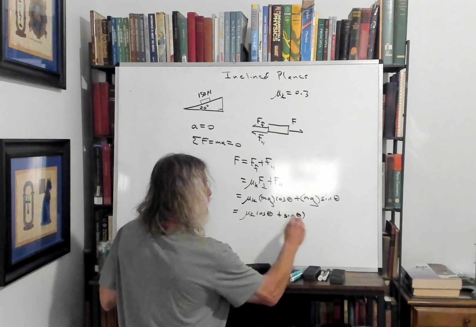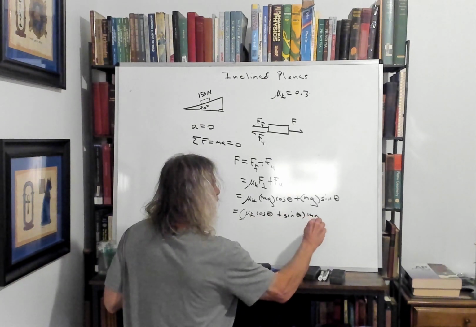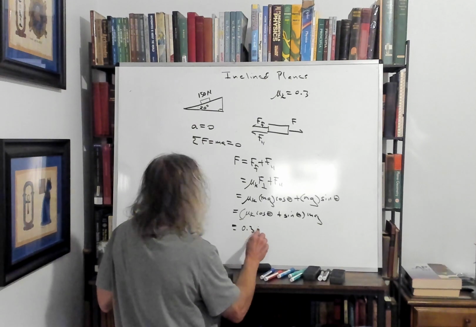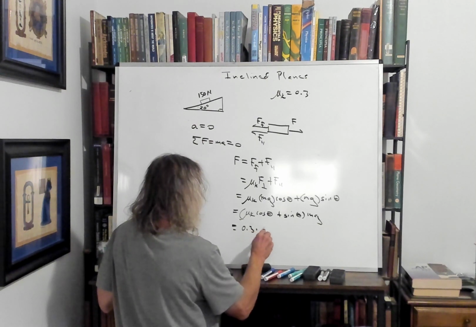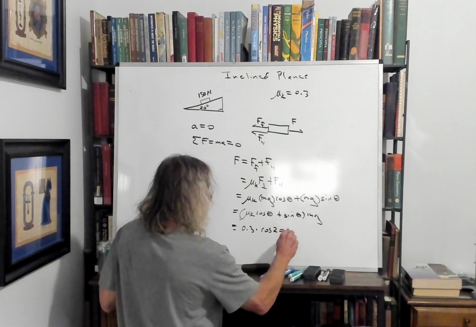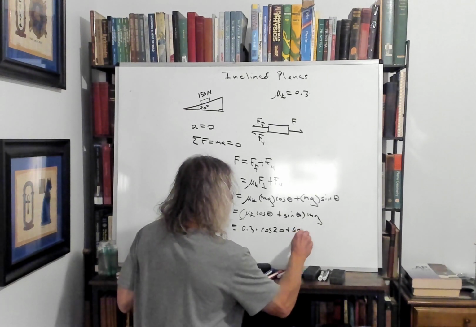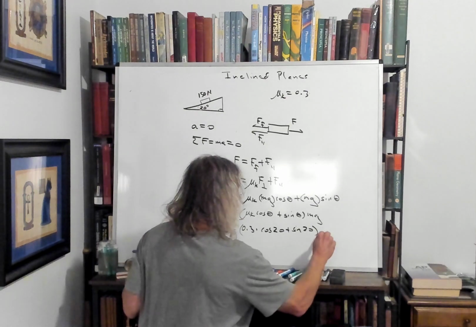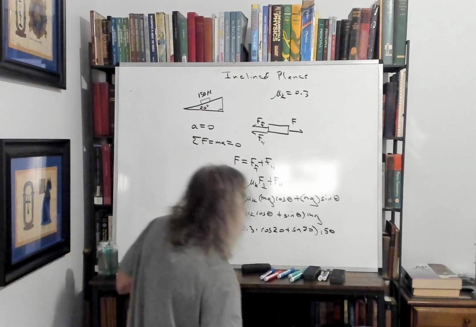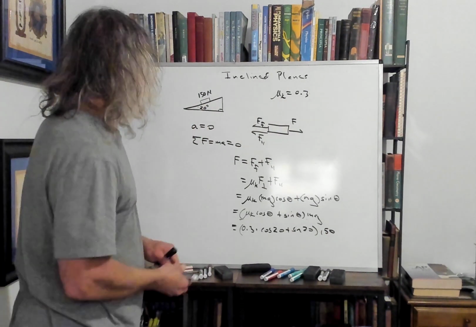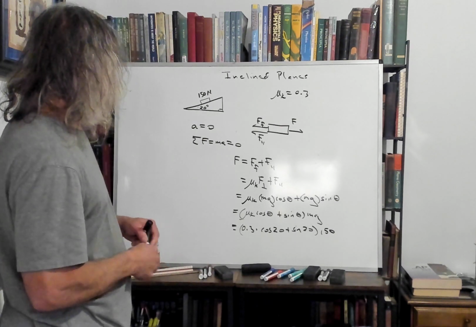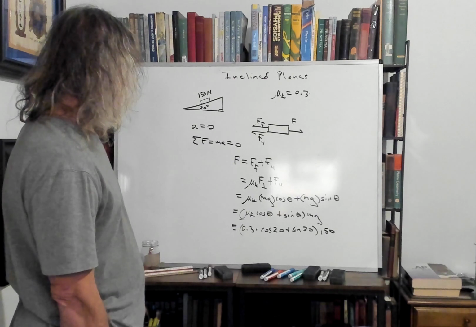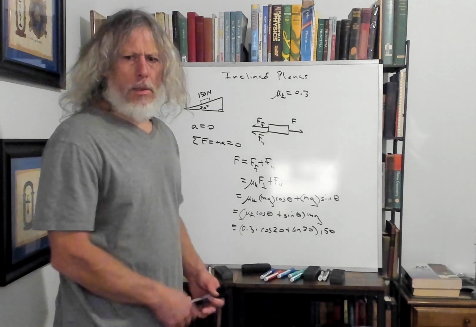Or just put the numbers in and work it out. Either way, we get 0.3 cosine of 20 plus sine of 20, times 150. It gives us the weight already. So our perpendicular, our parallel, our calculator.